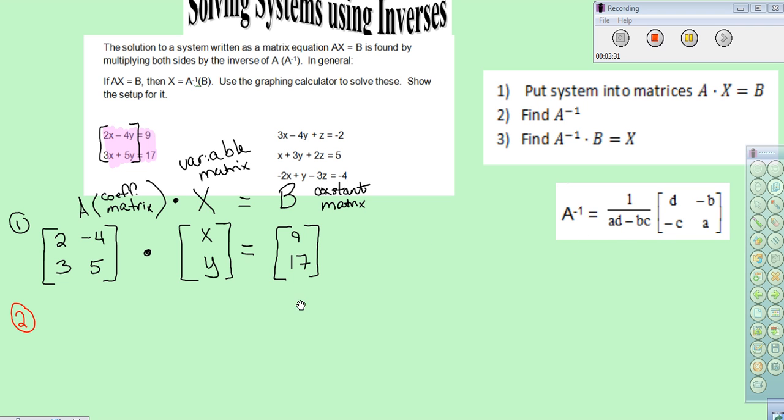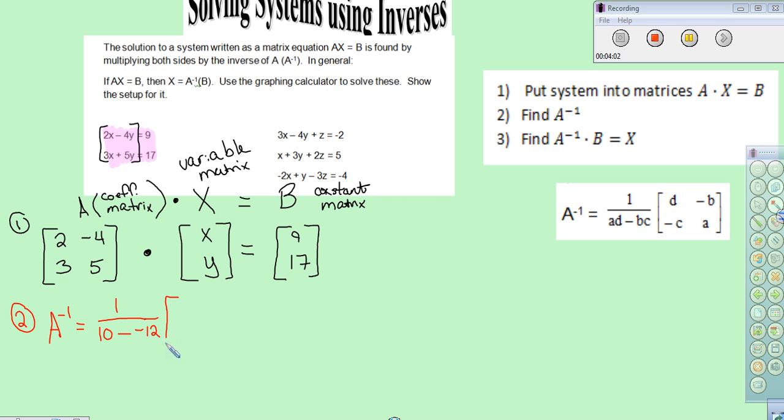We're going to go ahead and move things around and find our A inverse. A inverse is equal to 1 over 2 times 5, which is 10, minus 3 times negative 4, which is negative 12.